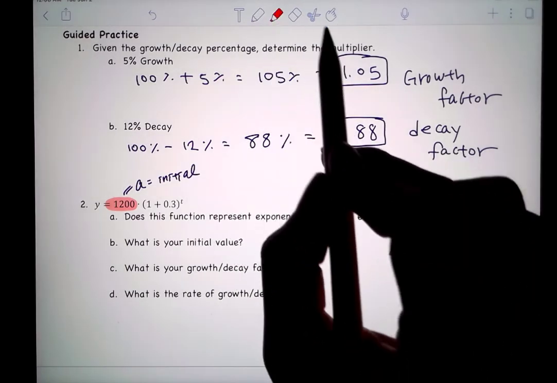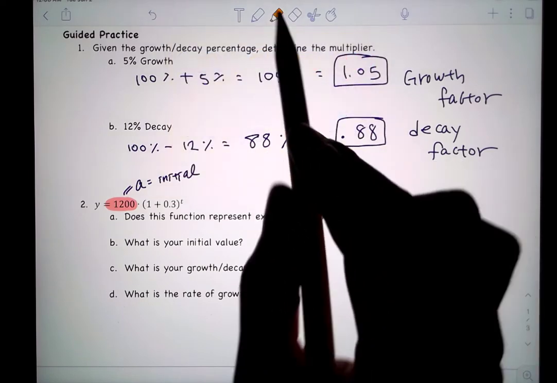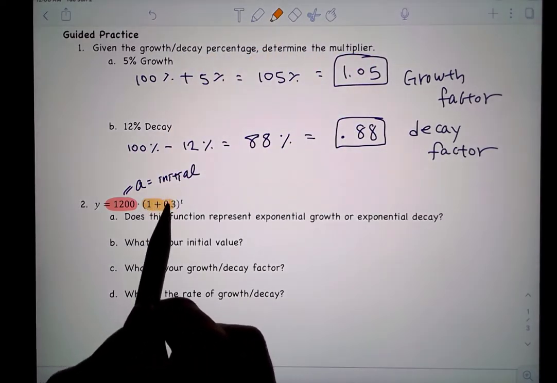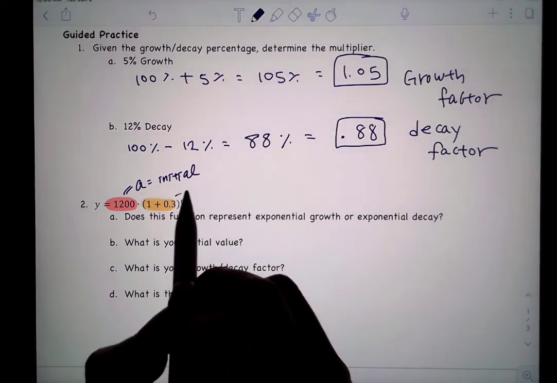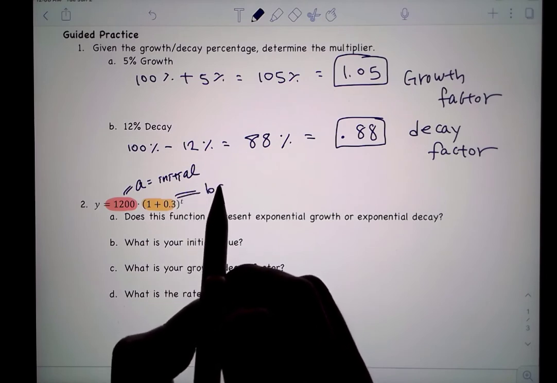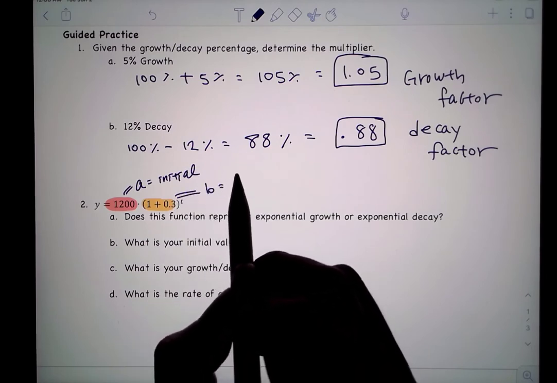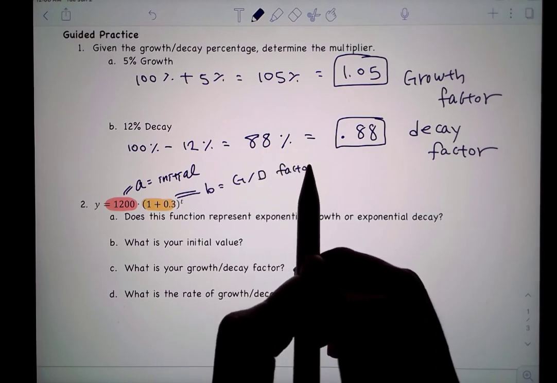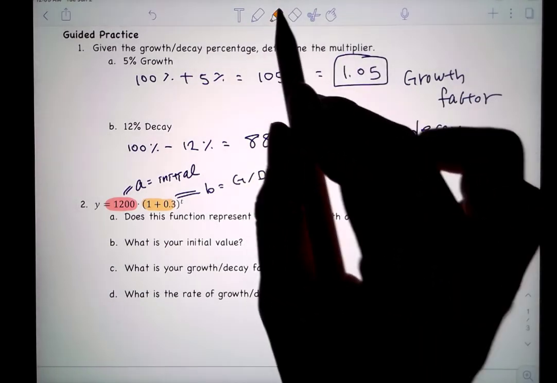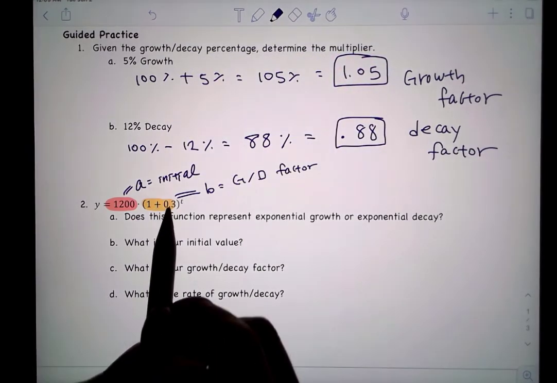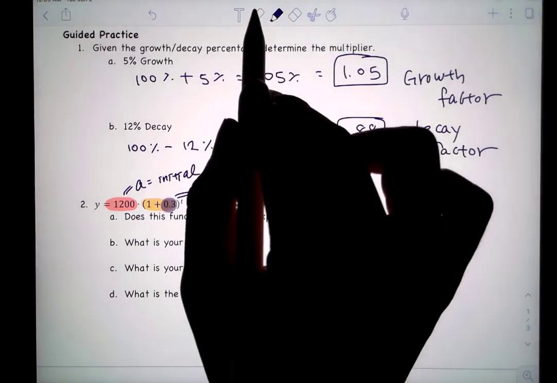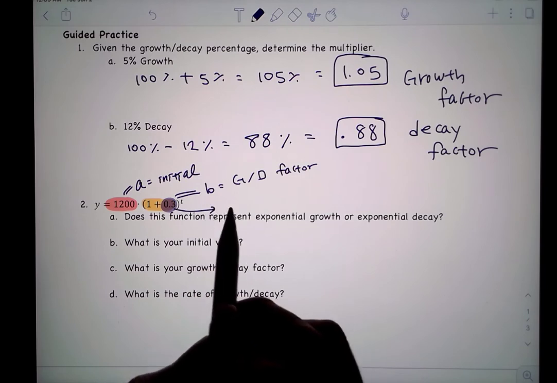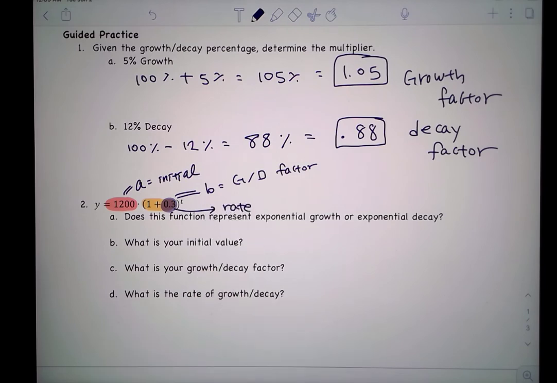And this one in the parentheses, that is b, which is the growth or decay factor, right? And also this r. This r is what? The rate of change, right? This is the rate. So I want you to look at the format, okay?